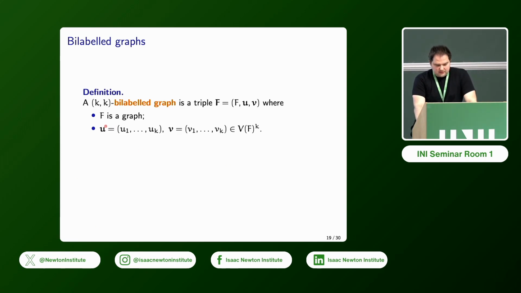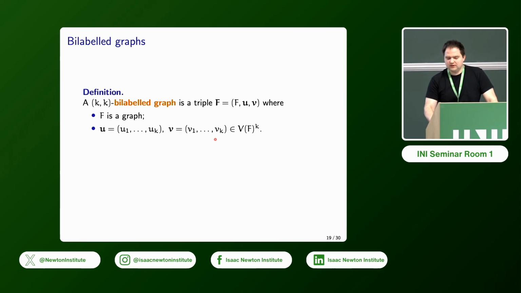So now I would like to define this. A k-bilabeled graph is a graph where you take k-tuples of vertices which play a special role. You just take a graph and two k-tuples of vertices, which we call input and output.